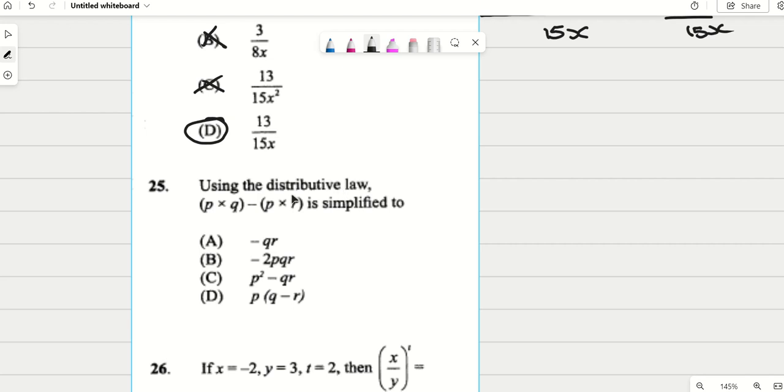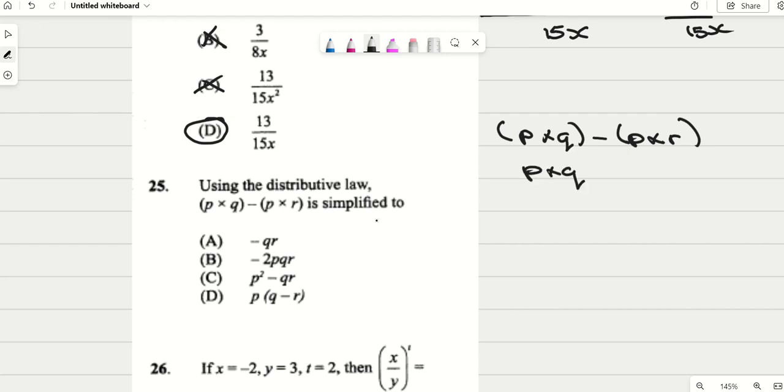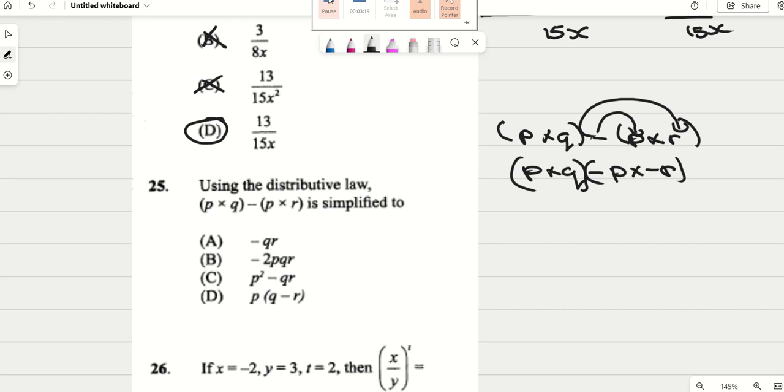Alright, number 13. Using distributive law, simplify this. So distributive law would be P multiplied by Q, and we have minus P multiplied by R. So we just extend this bracket, a minus by P and then minus by R. Let's just multiply it out.